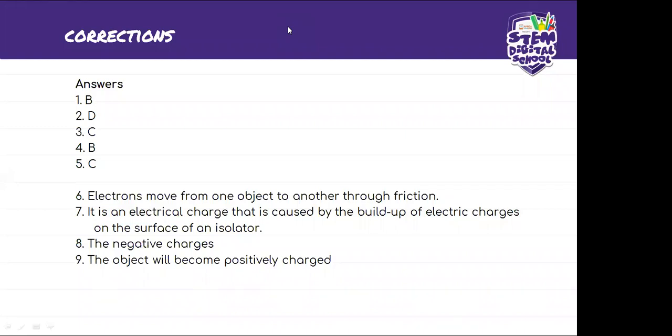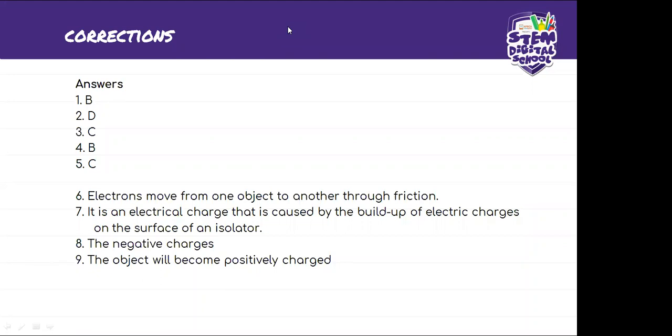I got 2 wrong, that is 65%, which is still very good. My prize is still going to remain here for the one who got total. But you have done well, because out of 5 you got 4. That is very impressive.